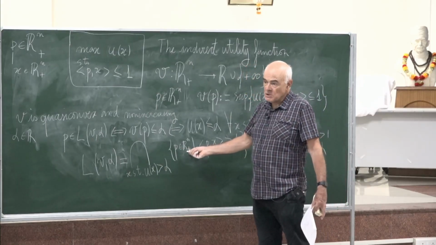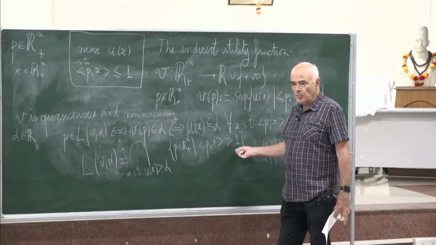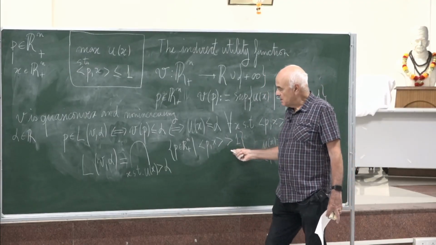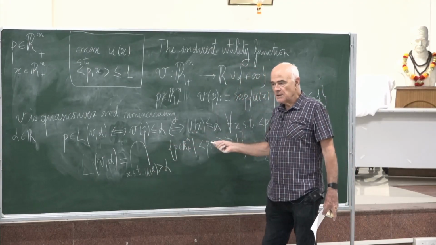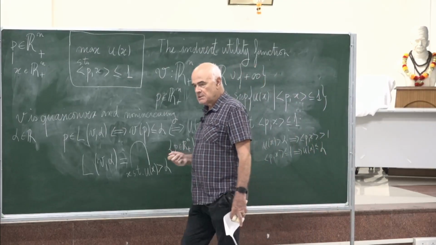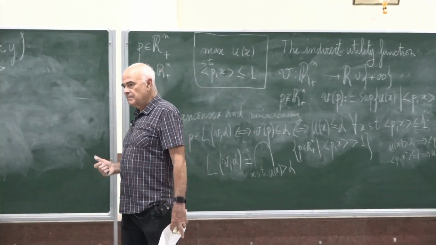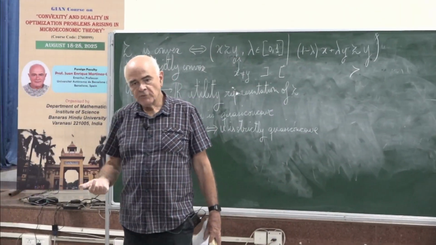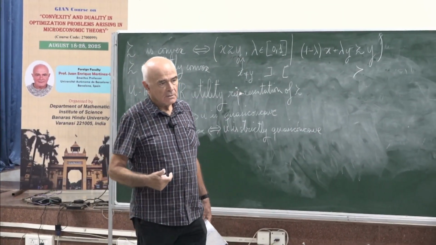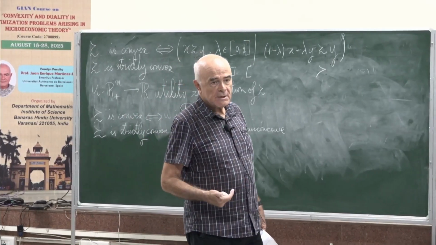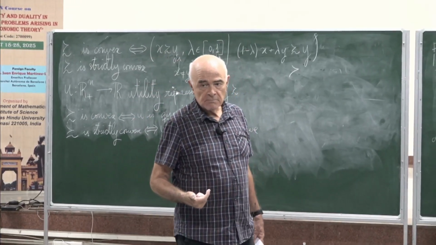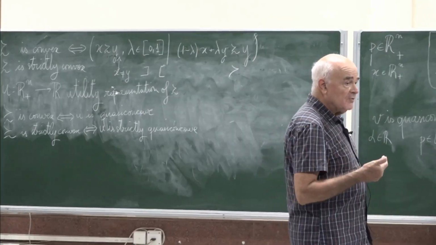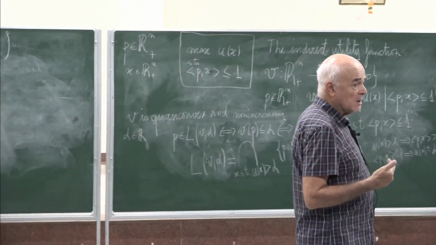R plus N is convex, the intersection of an open half space is convex, and then we are taking the intersection of some such sets. This is convex. And this is true for every level alpha, so our function has convex lower level sets, so it is quasi-convex. For every utility function, no matter how strange it is.